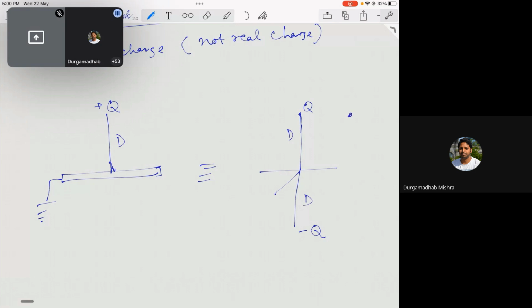The potential at point P in both these situations is exactly the same. This is what the method of images tells me.